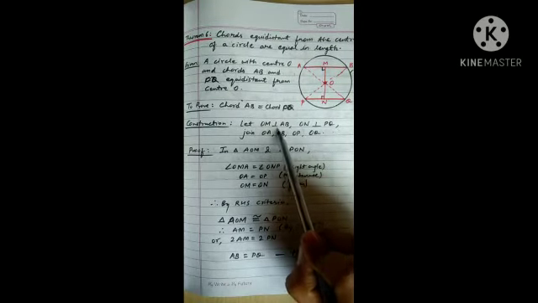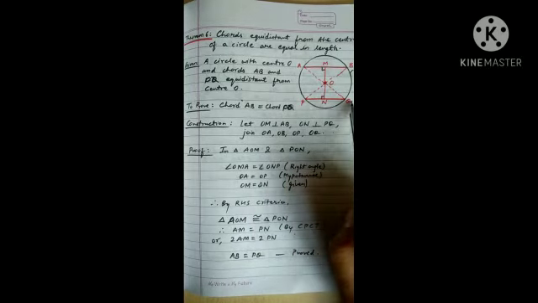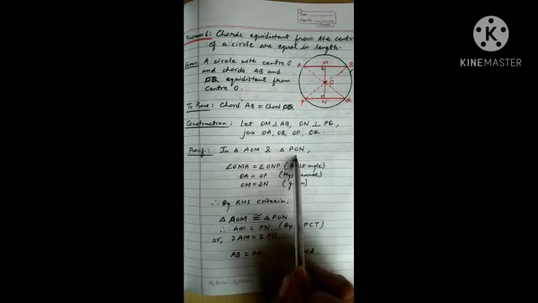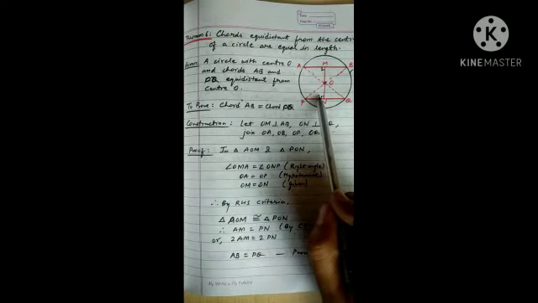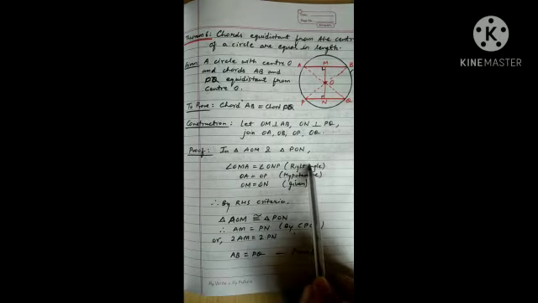Again we will do the construction: OM perpendicular to AB and ON perpendicular to PQ. We will join all the radii. We will take the triangles AOM and PON. In triangle AOM and triangle PON, angle OMA equals angle ONP, right angle.